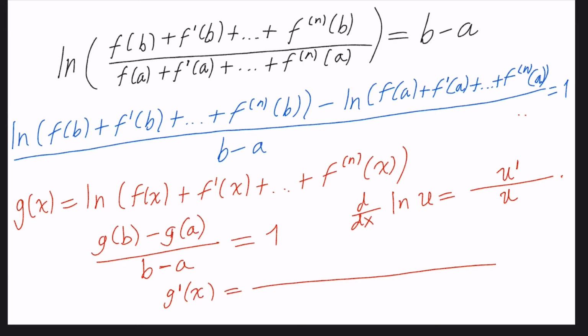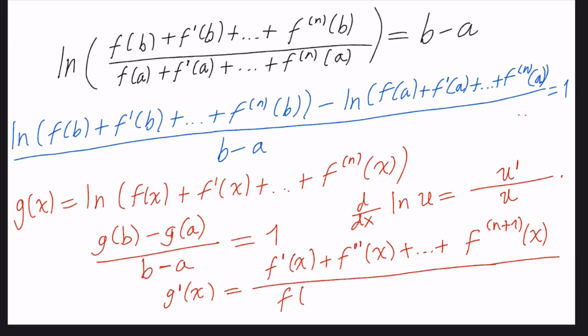In this case, the derivative is f prime(x) plus f second derivative of x, and so on, and n becomes n plus 1 because it is the derivative following n, and the denominator is the same as the argument, so it doesn't change.